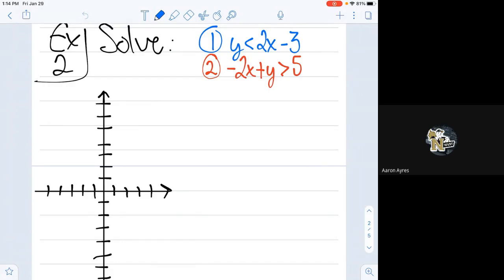Same thing, just graph this as y equals 2x minus 3. So we graph your slope and your y-intercept. How to find those things? The slope is the number with x, and the intercept is the other number. So your slope is 2 over 1.